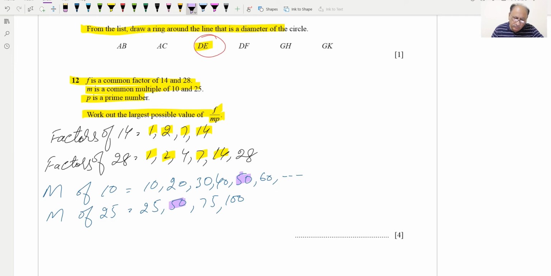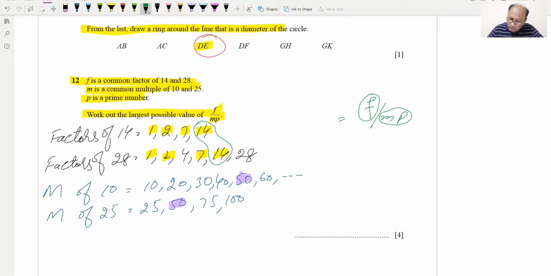So the given formula is F over MP. We need the largest value. The largest value will be when we have the smallest value in the denominator, and F should be the largest value. The largest value of F will be 14, so we will choose 14.